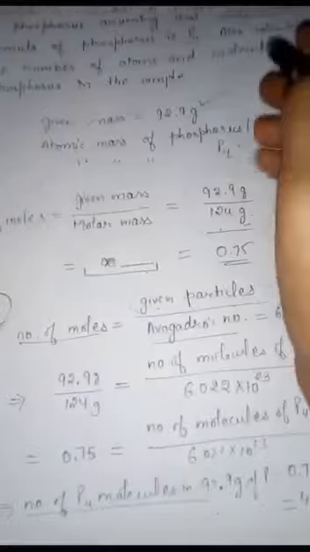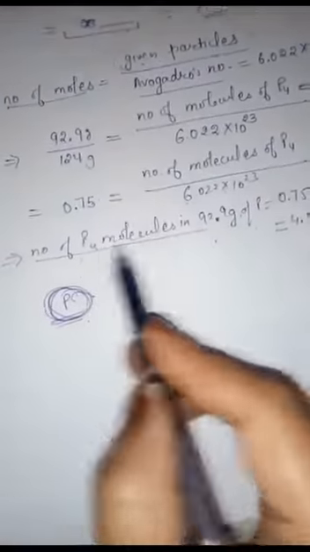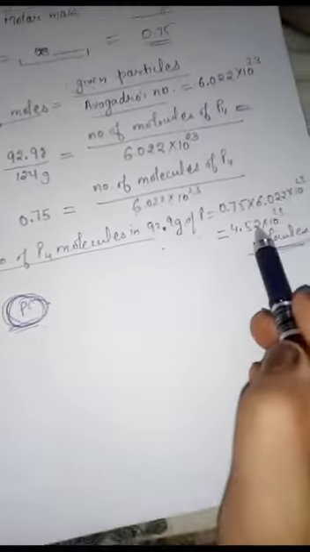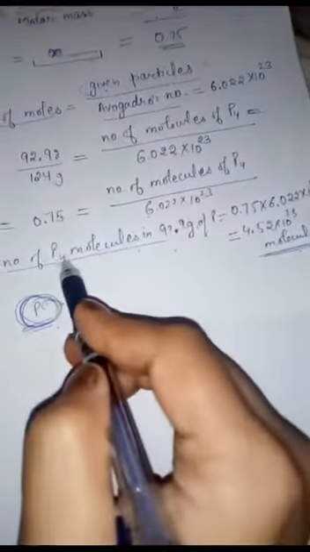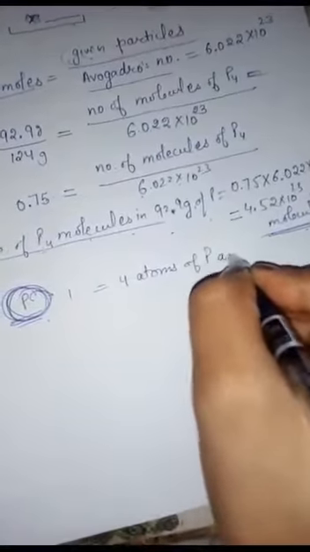We have calculated the number of molecules. Now we have to calculate the number of atoms. Number of atoms means P, only P. Now how many P are present in 92.9 gram? See, how many P4 are present? 4.52 into 10 raised to power 23. In one P4, that is in one molecule, 4 phosphorus atoms are present.